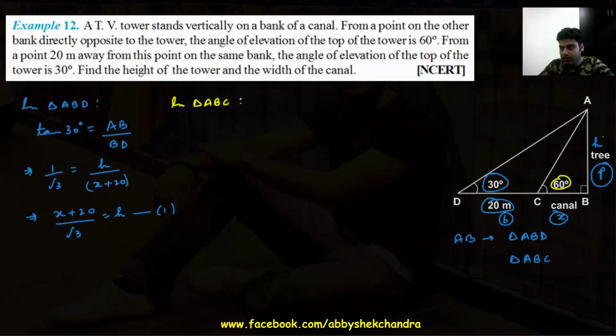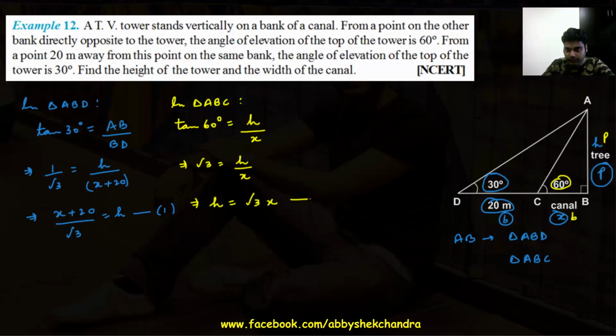With respect to this angle, this is the perpendicular, x is the base. Again we are going to use tan theta, so tan 60 degrees equal to perpendicular, which is h, by base, which would be x. Tan 60 is root 3 equal to h by x, or h will be given by root 3x. This is 2.